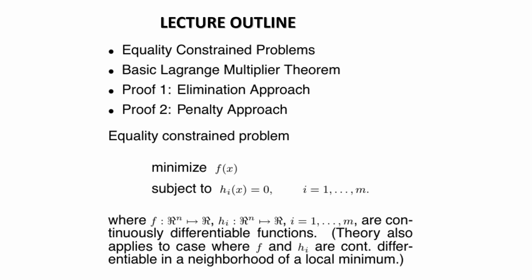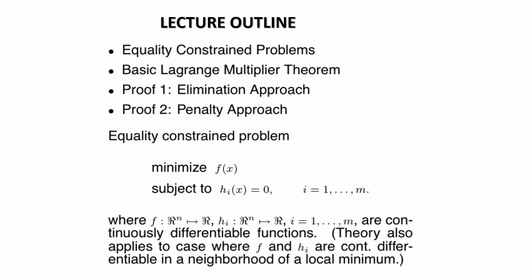And the second proof, a penalty approach, which introduces a penalty term, for example the squared norm of the constraint violations, to convert the constrained problem into an unconstrained one.